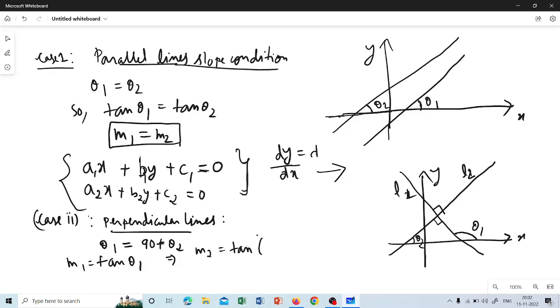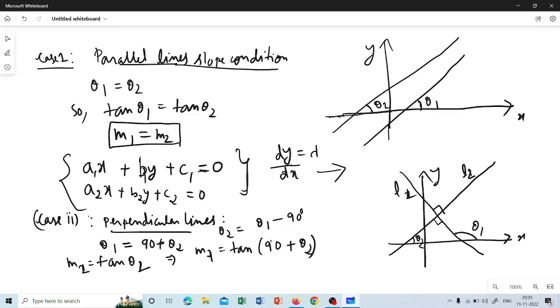For example, if I want to take theta 2 in terms of theta 1, we know the relation with the 90-degree angle, right? So theta 2 is equal to theta 1 minus 90. Or let me take m2 is equal to tan theta 2, and m1 is equal to tan of 90 plus theta 2.